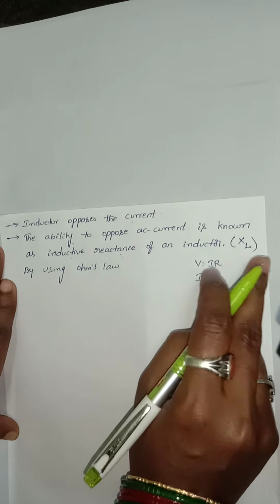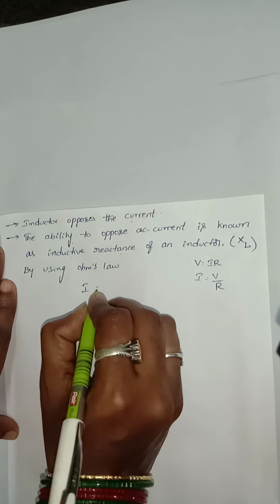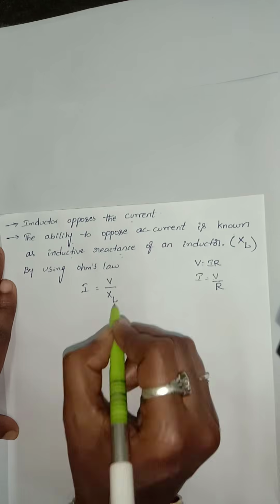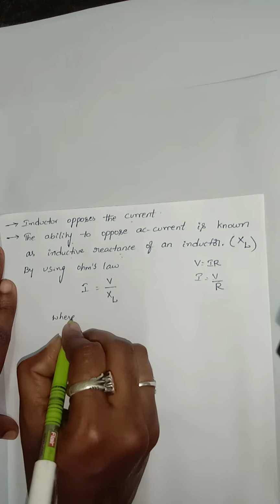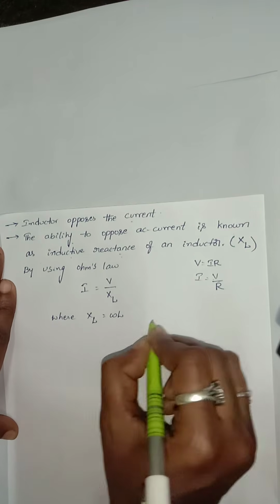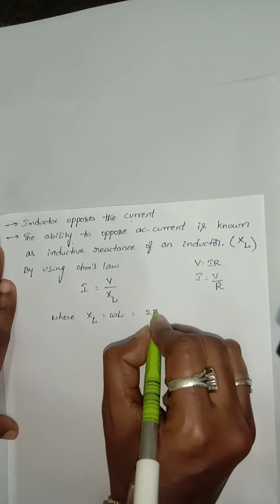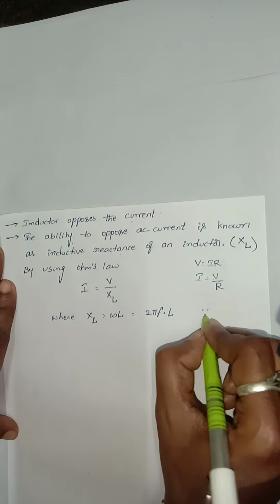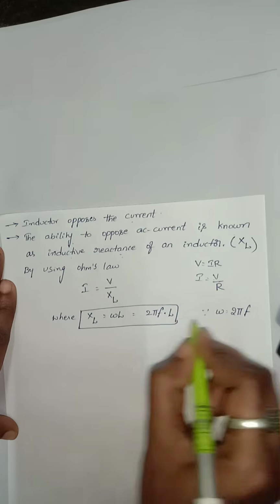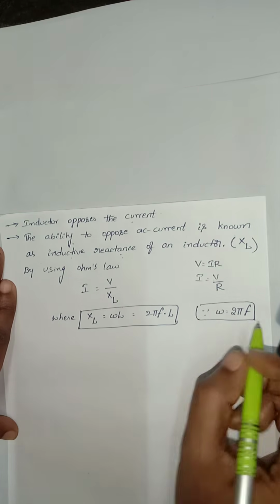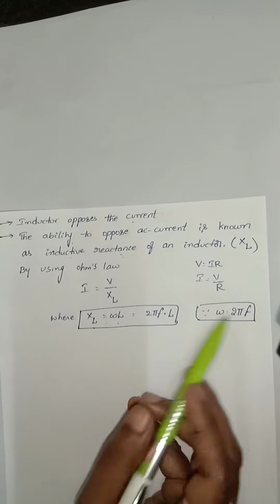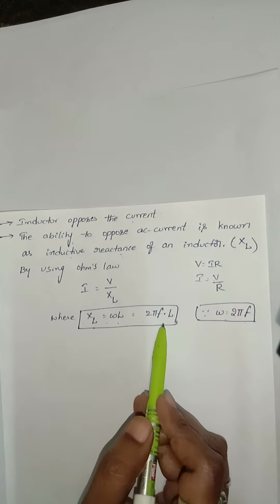So by using Ohm's law, we get I is equal to V by XL, where the reactance of the inductor XL is equal to omega L, that is equal to 2 pi f L, since omega is equal to 2 pi f. These are the formulas.